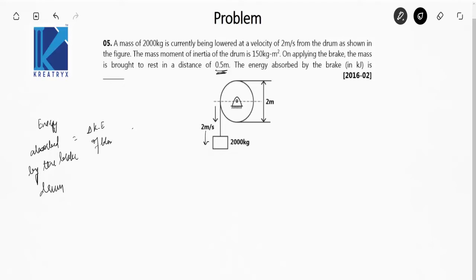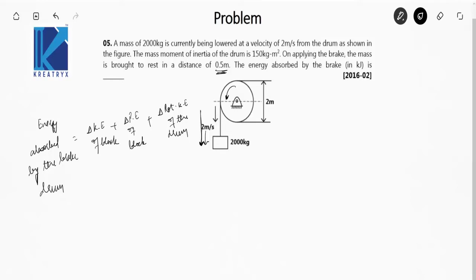Plus, it is lowered, so its potential energy is also changing, so that is change in potential energy of block. Plus there is one more component, because this drum is also rotating, so it will have a rotational kinetic energy, so that will be change in rotational kinetic energy of the drum. All of these energies will be absorbed by the brake drum on applying the brake.